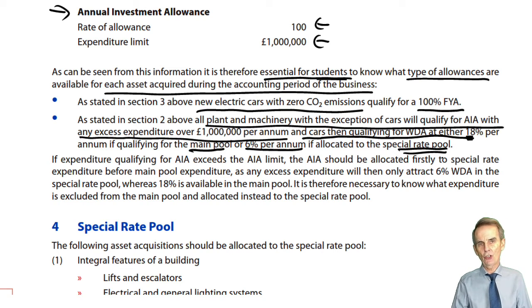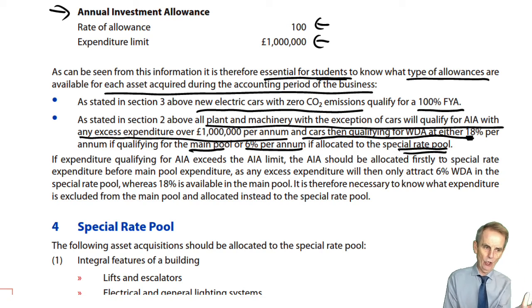Now, if we had a mixture of expenditure that qualified for AIA, but it exceeded the AIA limit, and the mix was between what was eligible for 18% writing down allowance and what was eligible for only 6%, the special rate pool expenditure. Like in that example, £250,000 a moment ago, or otherwise £1 million, if the expenditure for the period is in excess of the AIA limit, and we have a mix of expenditure that would have qualified for AIA, so we're not talking cars here.